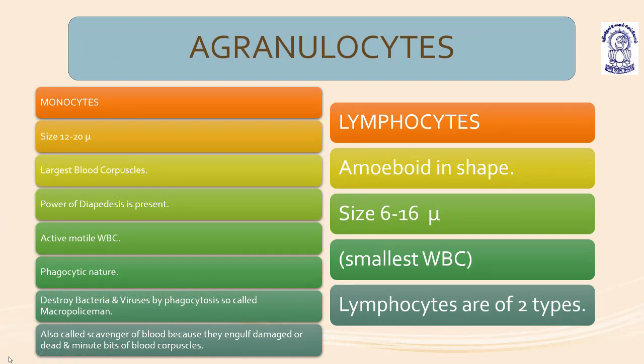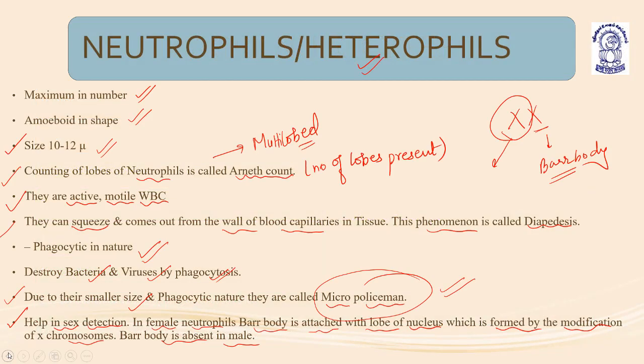Most importantly, in case of neutrophils, this multi-lobed appearance is known as what? Drumstick. Or it is basically known as bar body. So this bar body is also known as or called drumstick. Understood?